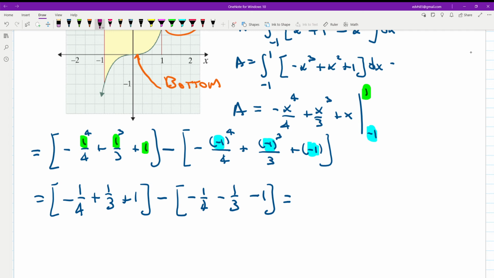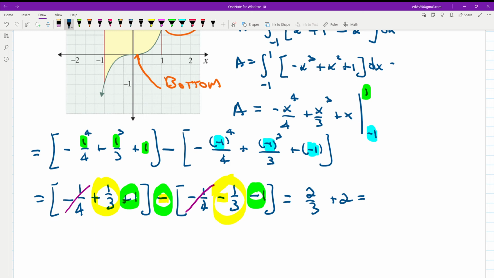Notice how this -1/4 cancels with plus 1/4. And then we can reduce more terms. Let's look at the thirds. So we have this 1/3 right here, and then minus -1/3, that becomes a plus another third. That's going to add up to 2/3. And then over here, 1 minus -1, that's a 1 plus 1 essentially, which adds up to 2. And combining these two numbers, that's going to give us 8/3 units squared, because this is area.